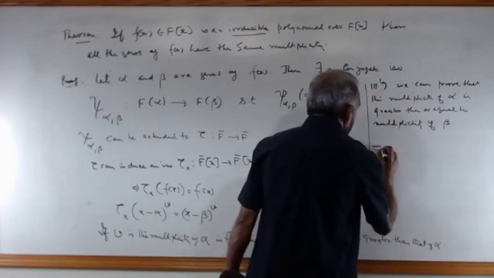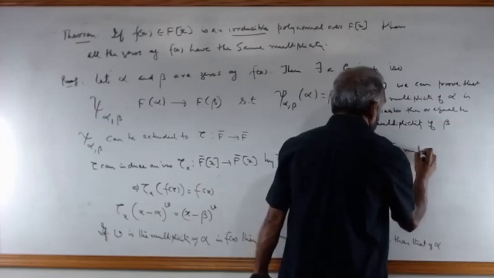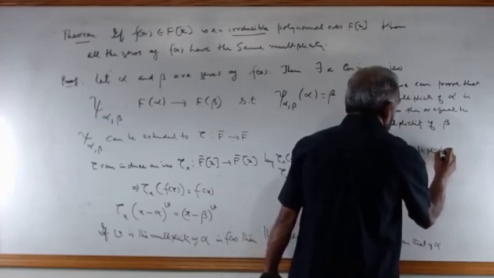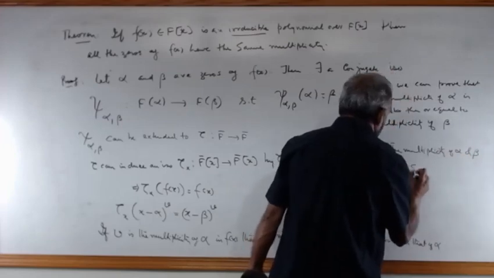And that implies the multiplicities of alpha and beta are equal.